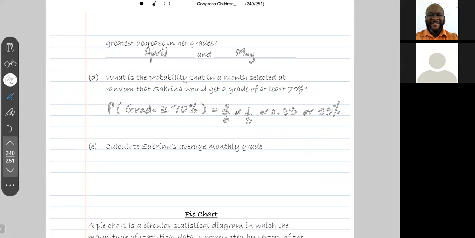We're to calculate Sabrina's average monthly grade. Well, the average or the mean, x bar, is equal to the sum of x divided by n. That's from our first class in statistics. When you have raw data like this, it's simply add up all the values and divide by the number of values to get the average.